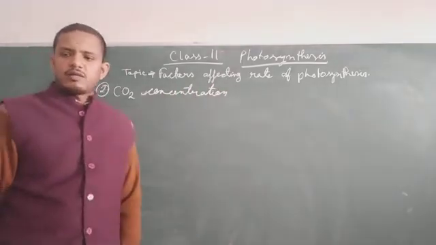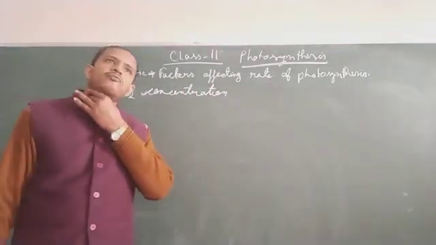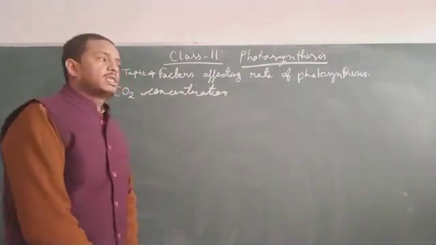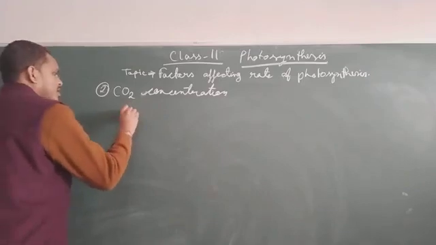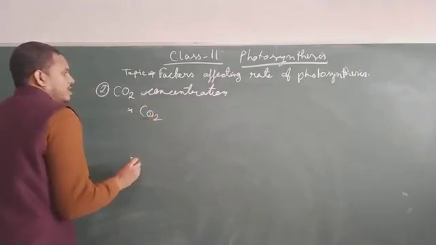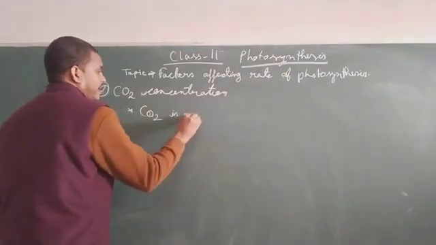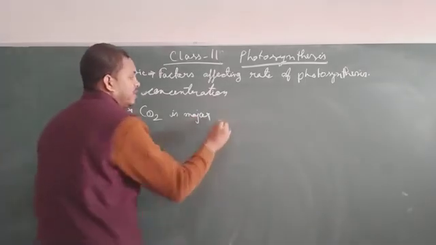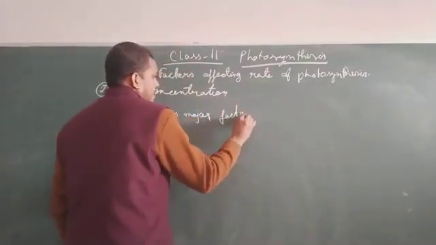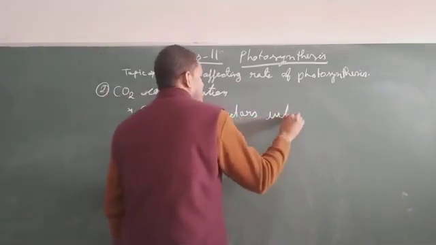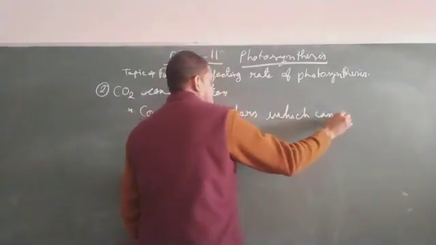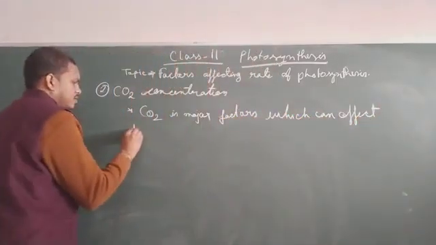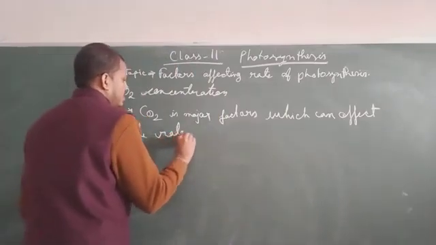Okay, carbon dioxide concentration. If we consider all the factors related to photosynthesis, we can say that carbon dioxide, CO2, is a major factor which can affect the rate of photosynthesis.